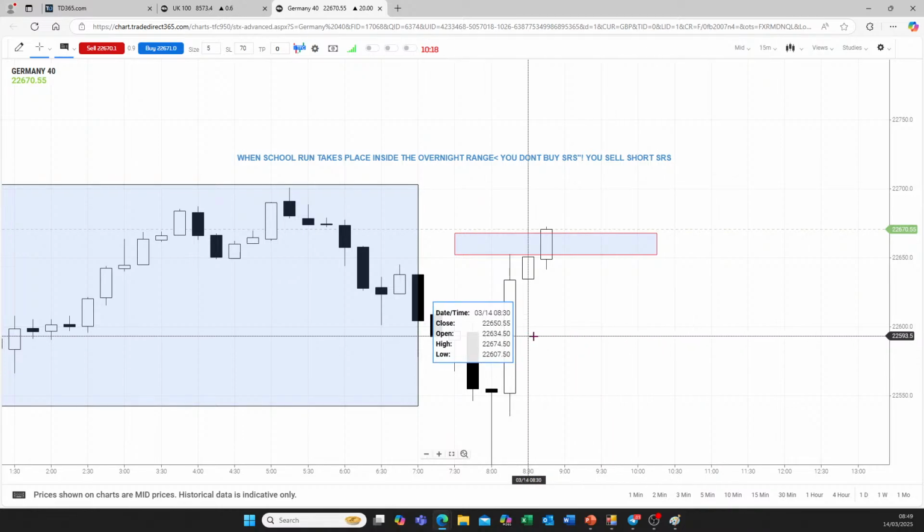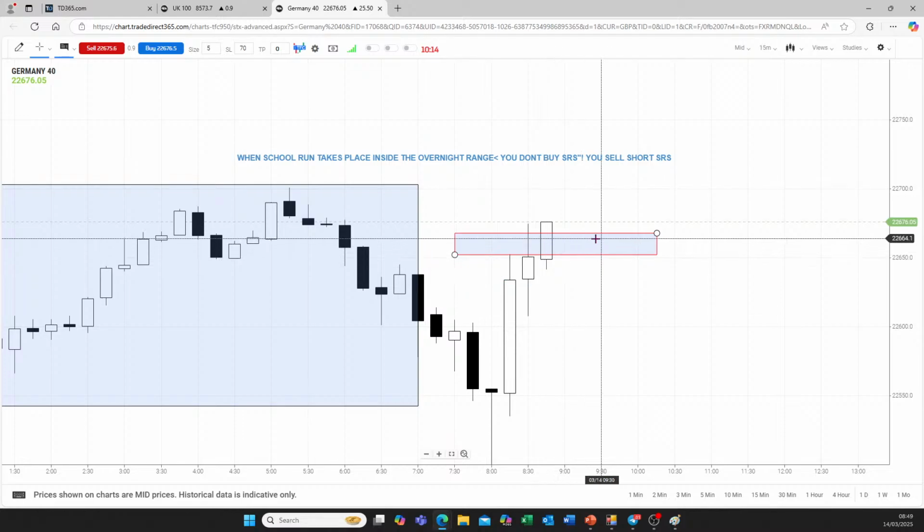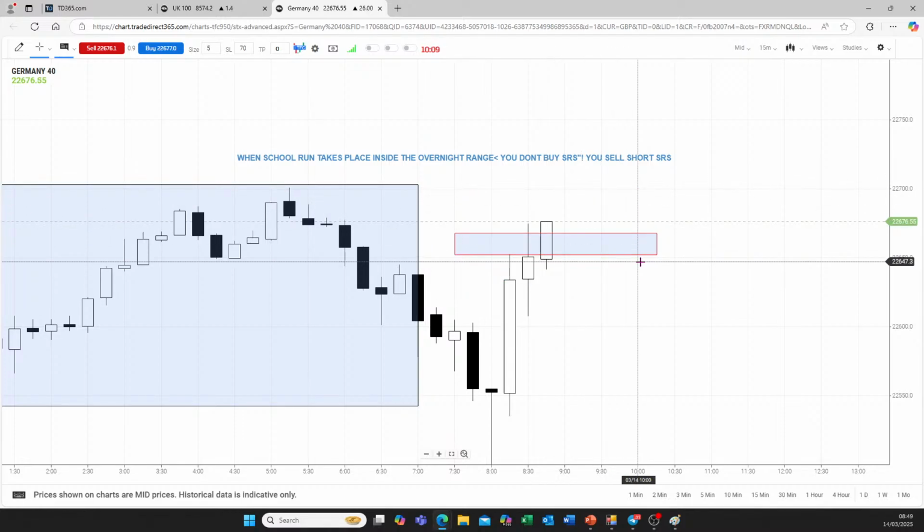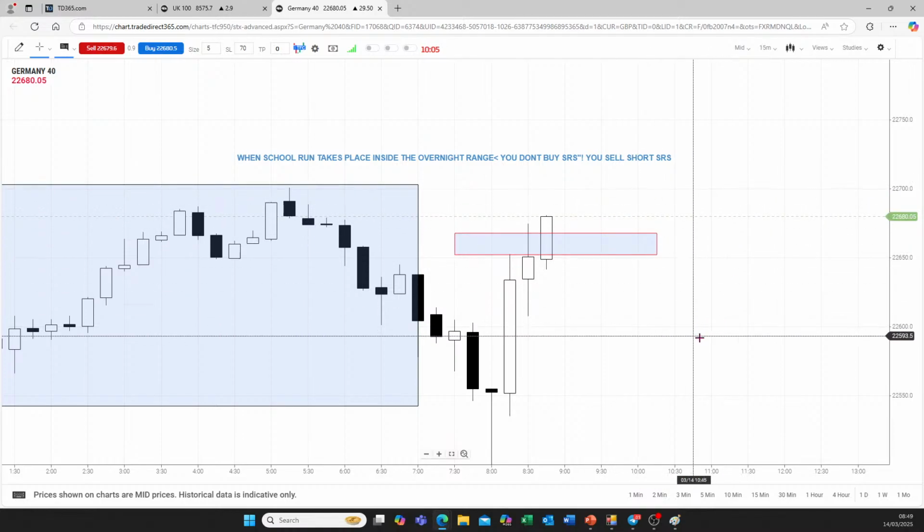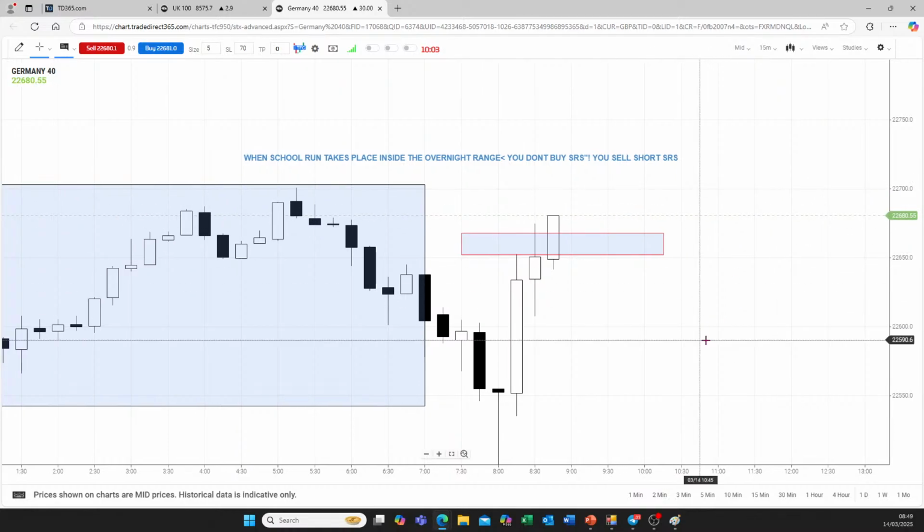And so my hypothesis is that if we go above 74, this market will push very hard higher, well, very quickly. So there's 80, there's 82.